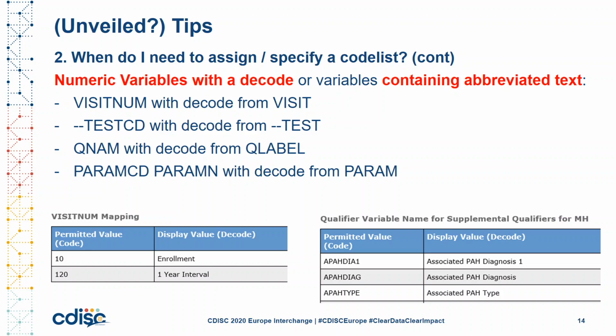Similarly for other situations where a variable is a short version of another, such as TESTCD in SDTM or PARAMCD in ADaM BDS, where the decode will come from the TEST and PARAM variables respectively. Or similarly for supplemental qualifier, using the contents of the variable QLABEL to define the decode of the variable QNAM.